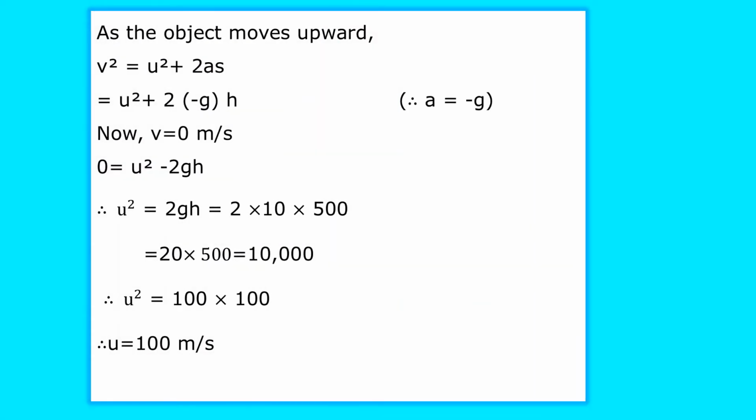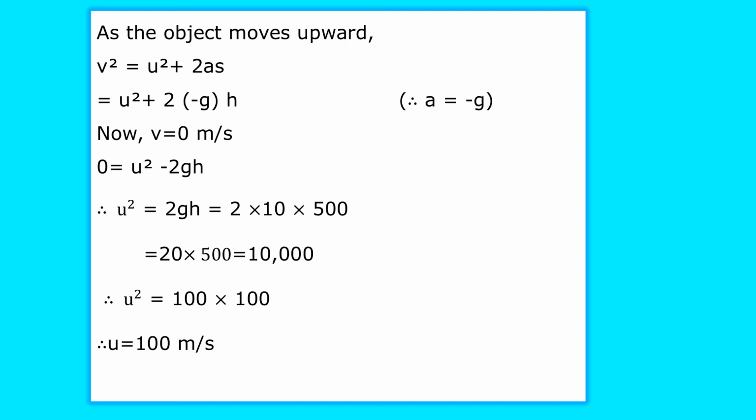Let's see. As the object moves upward, according to Newton's third equation of motion, we can write v square is equal to u square plus 2as. Now here this a means acceleration due to gravity, and that will be negative, means a = -g.